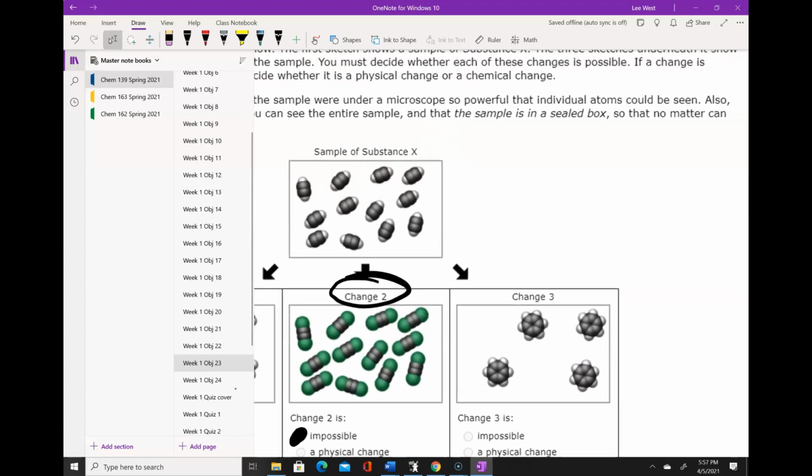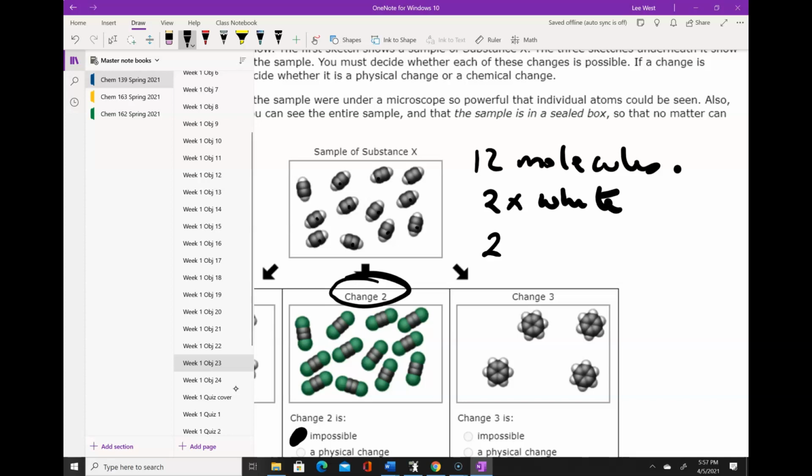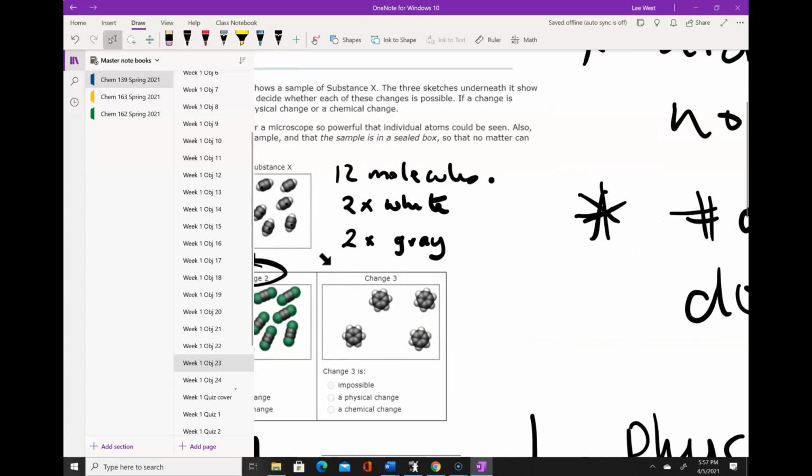So how many molecules do I have in my sample of X? We've got 1, 2, 3, 4, 5, 6, 7, 8, 9, 10, 11, 12. So we've got 12 molecules. And each molecule contains 2 white atoms and 2 gray atoms. So what does that mean?